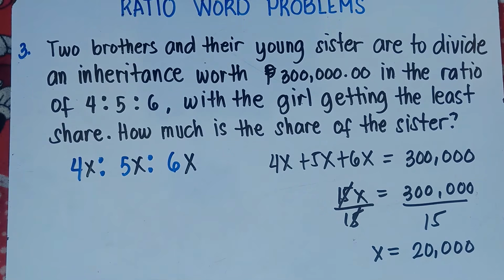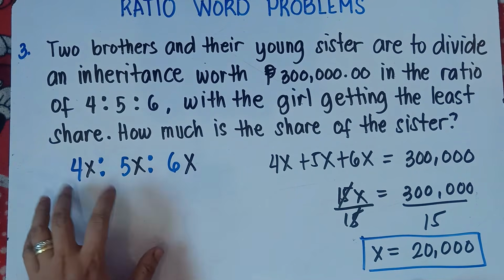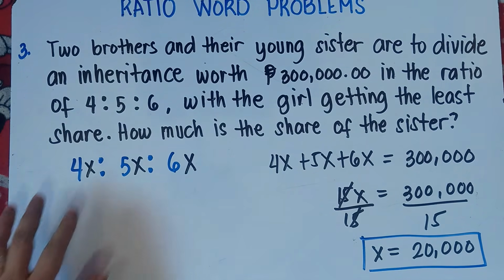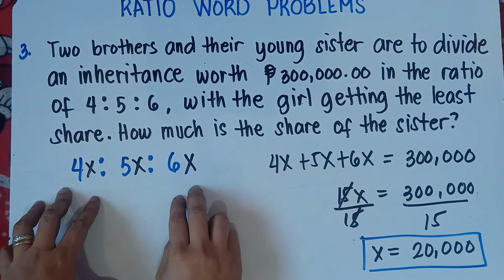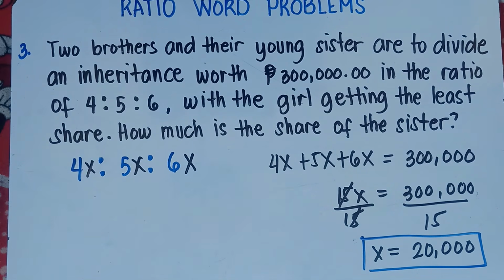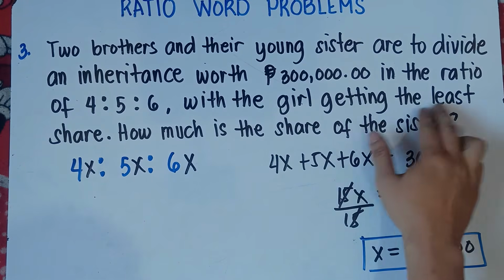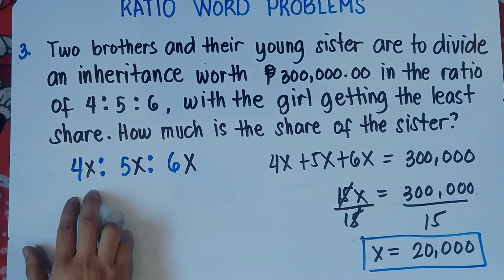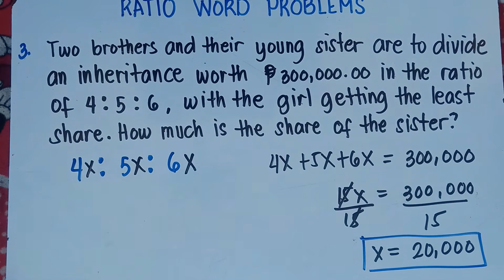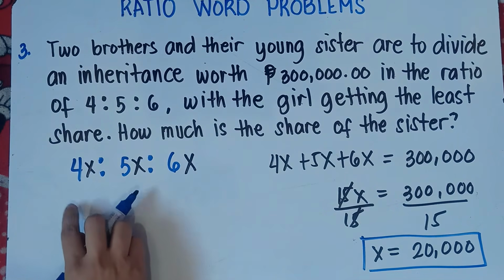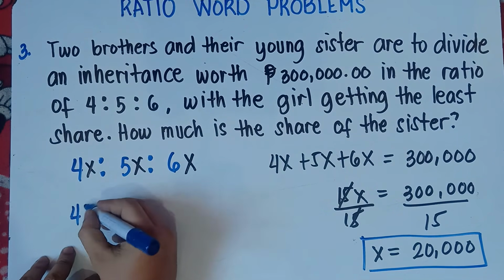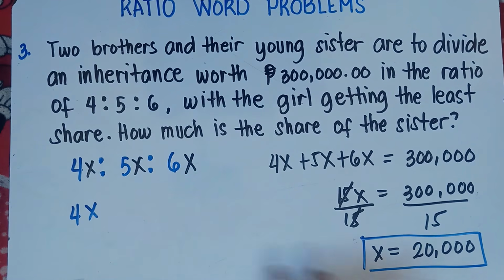Alright, and it's not yet our answer because we need to substitute this x into this given ratio, because our new ratio is 4x, 5x, and 6x. So we are told to find the share of the sister, and the sister is getting the least share. Therefore, this is the ratio of the sister. That would be 4x. So to find the share of the sister, 4x, substitute the value of x, that is 20,000.